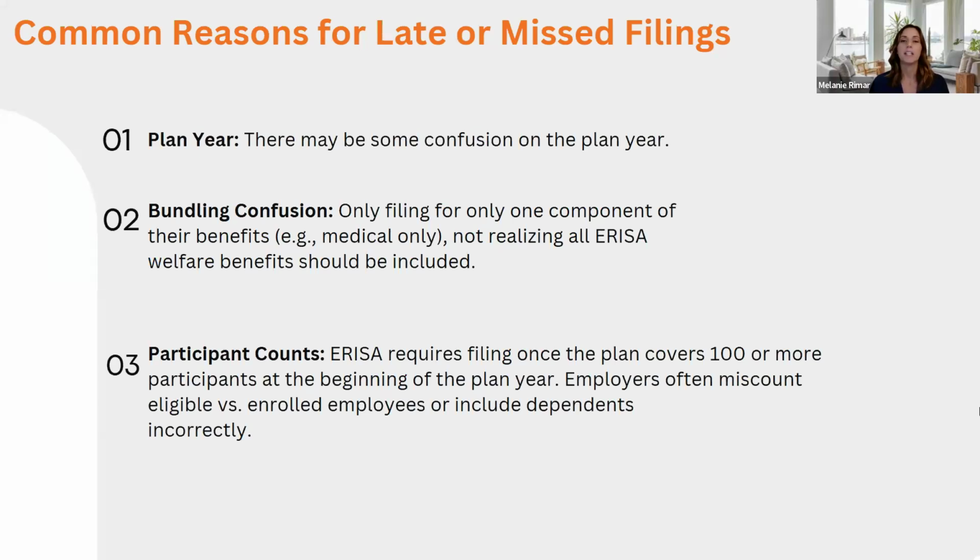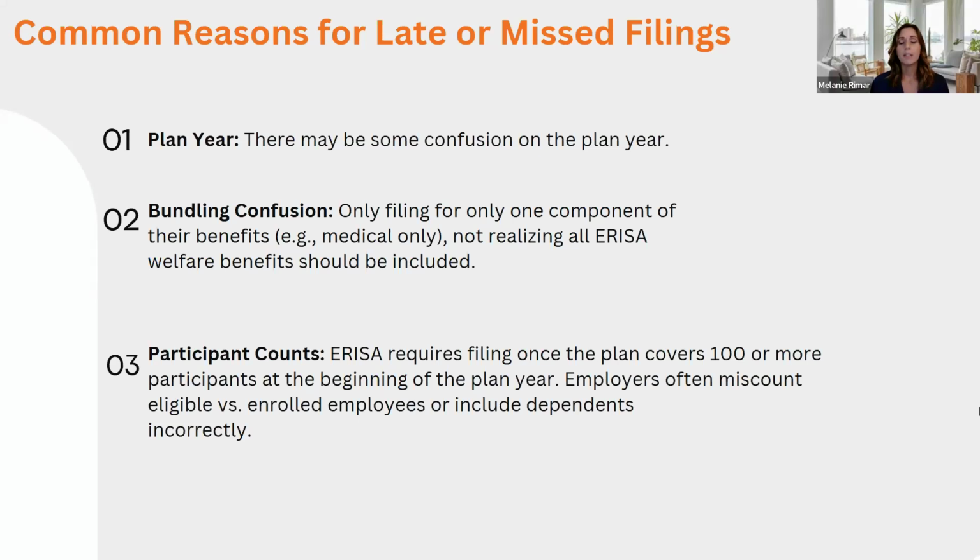Number one reason, plan year, especially for the SPD wraps. Sometimes people aren't aware that they need to go by the plan year listed on that. Or maybe you have no SPD wrap and a bunch of different policies you need to file for. It could be really hard to manage and keep track of all those due dates.